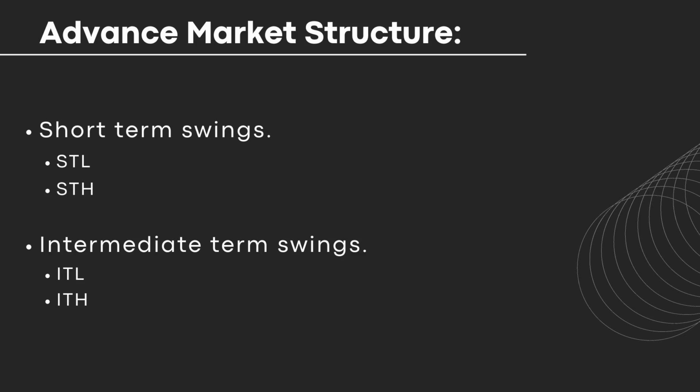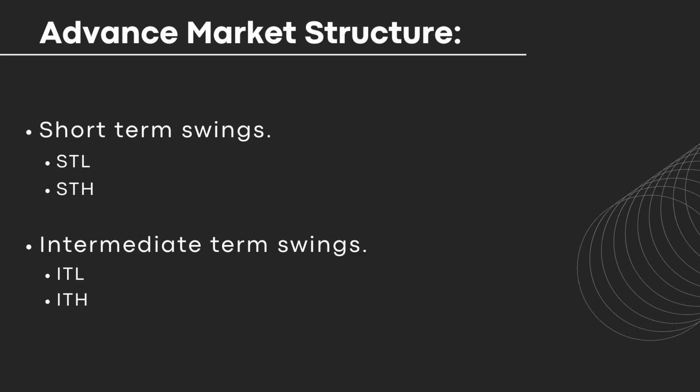We have another one which is called long-term swing points, but that's not a topic for now. You can only deal with the short-term swing points and intermediate-term swing points, and that would be more than enough for you. So inside short-term swing points, we've got short-term highs and short-term lows.